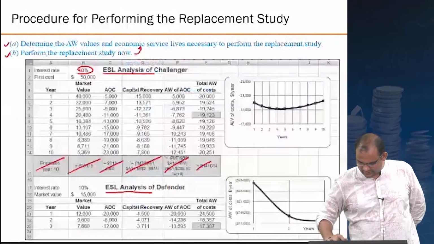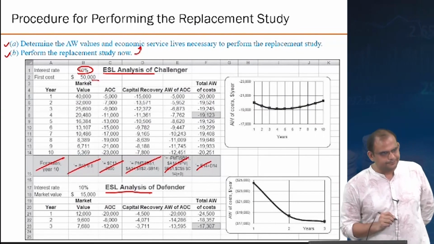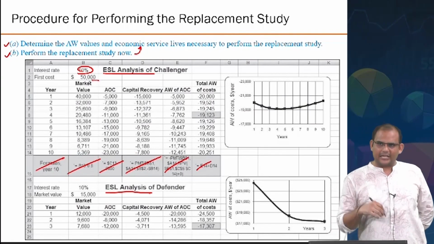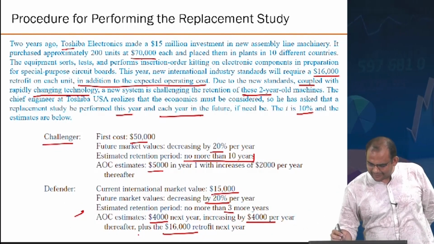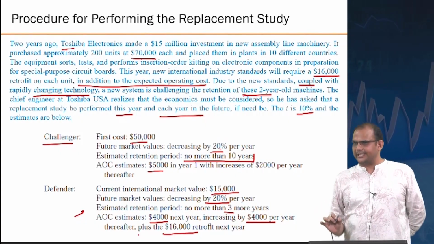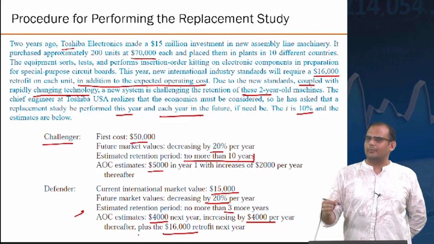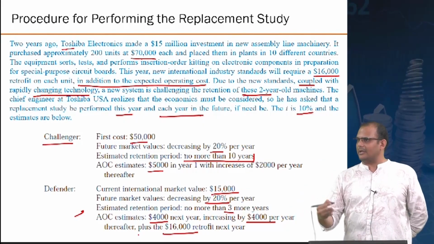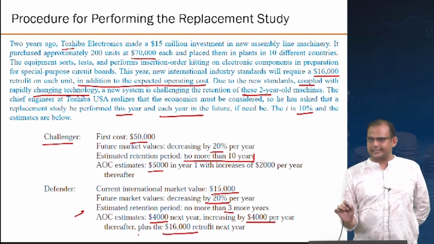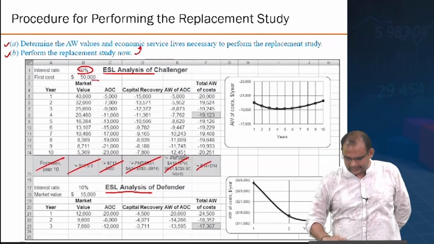If you are talking about the Challenger's first cost, this is 50,000. Market value is given decreasing 20% per year, and you are given information that you cannot use it for more than 10 years. So the maximum life that you are looking at is 10 years for the Challenger, right?